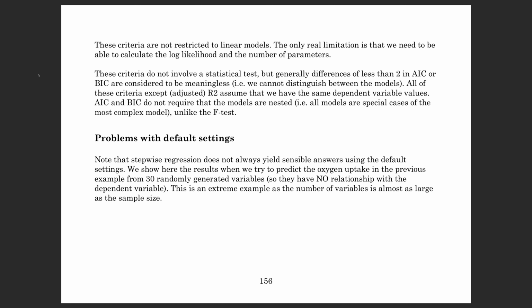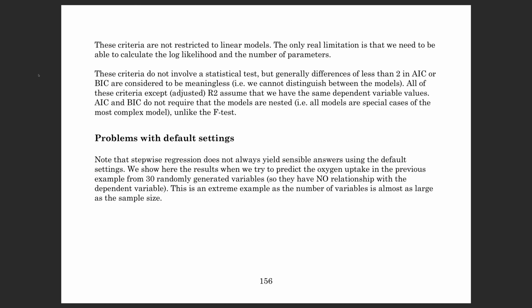Okay, so in addition to this issue about which criteria, if you use a statistical package, you also need to be careful that if you just use the default settings, you may not get sensible answers.